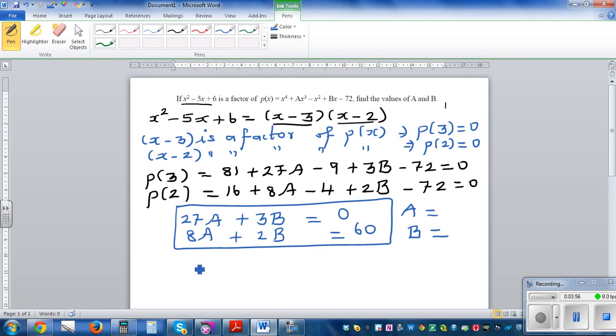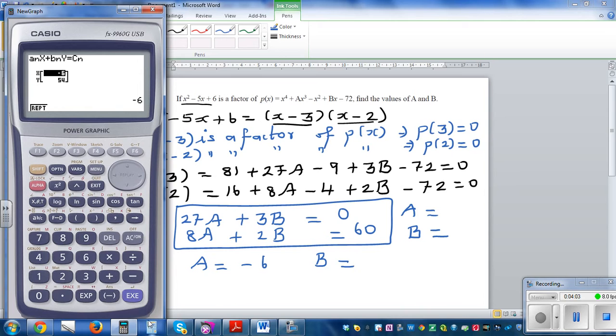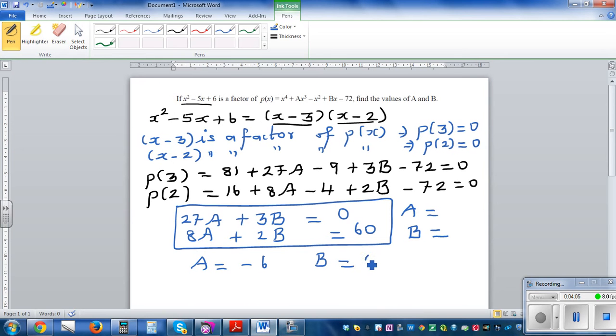So a is minus 6 and b is 54, sorry, it's good to check. So now how will you check your answer? So what are we saying? If a is minus 6 and b is 54, the roots would be 3 and 2. If x minus 3 is a factor, the root would be 3 and 2.